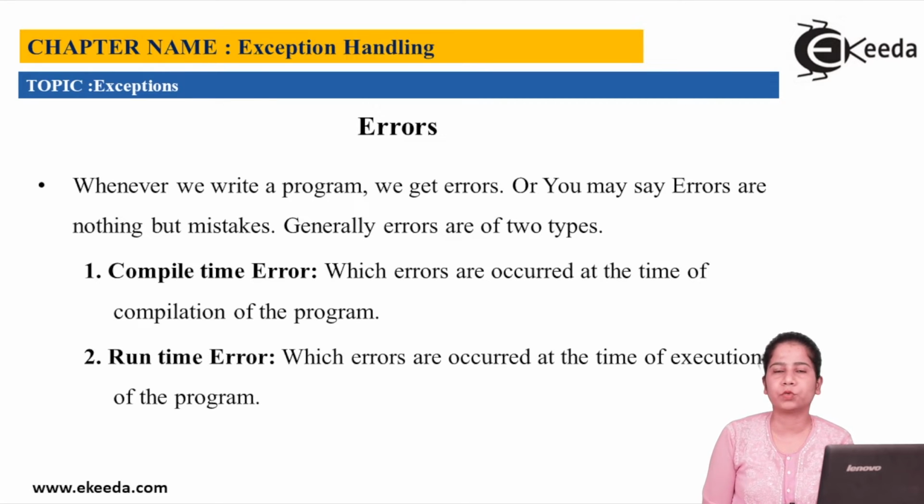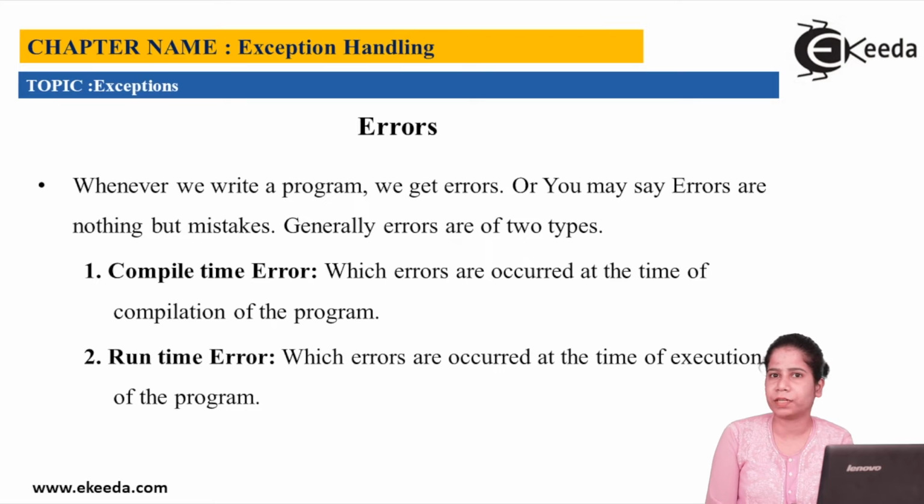Another example is when we are doing some calculation in our program, some arithmetic calculation, and because of this calculation the situation is that I'm getting division by 0.